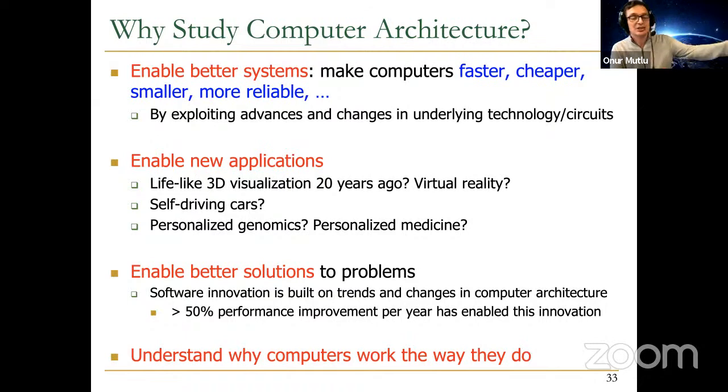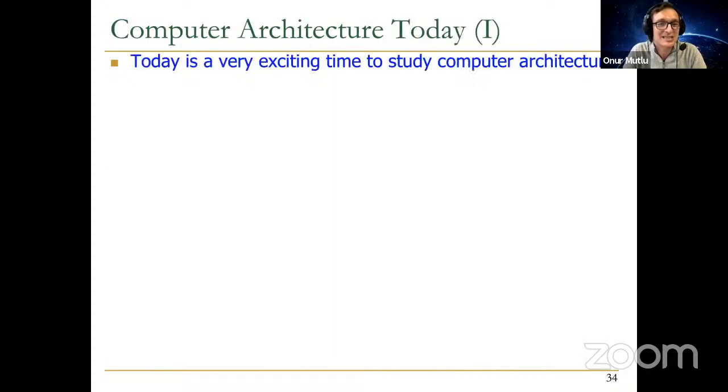People started adding features that also enabled a lot of complexity in software, but it enabled a better solution potentially. And this is also happening today in specialized systems, for example. It's easy to get, for example, 5x, 10x performance improvement. And also, we would like to understand why computers work the way they do. Clearly, this is important. Hopefully, when you took digital design and computer architecture, that made sense.